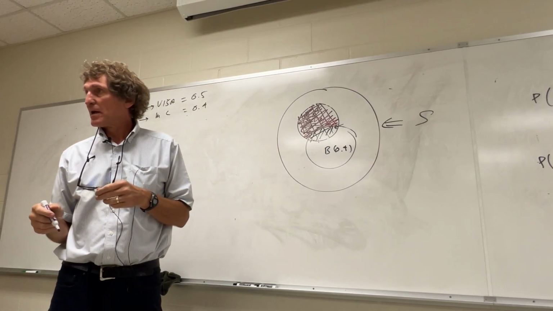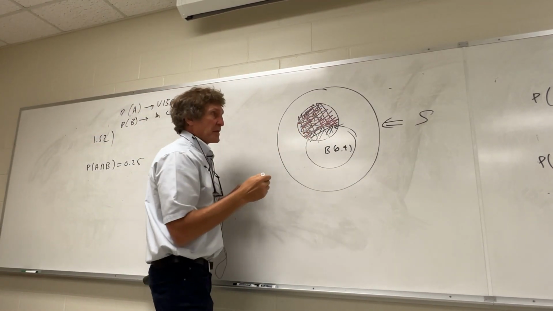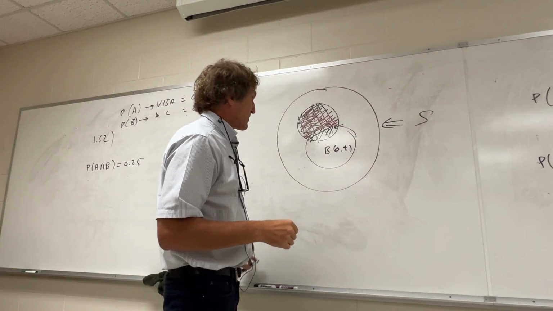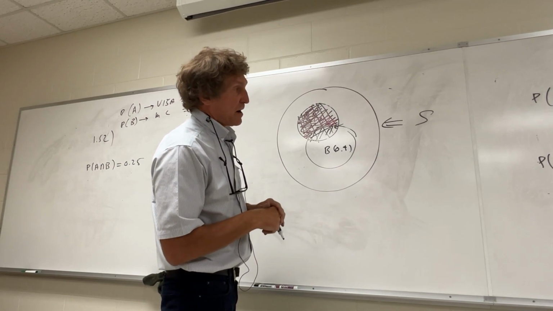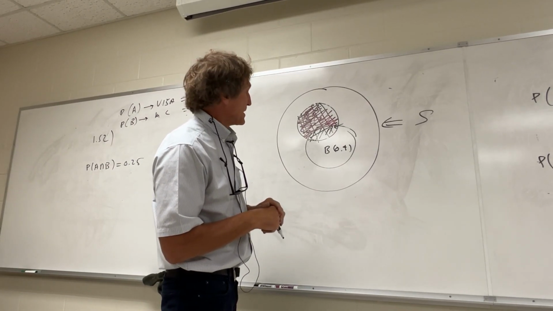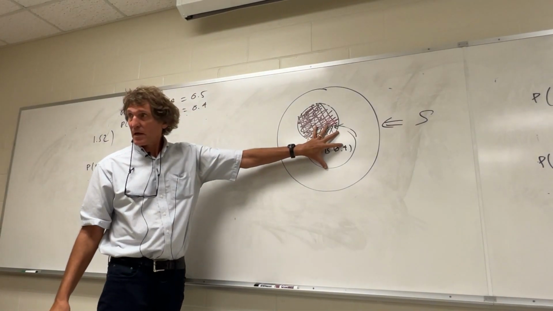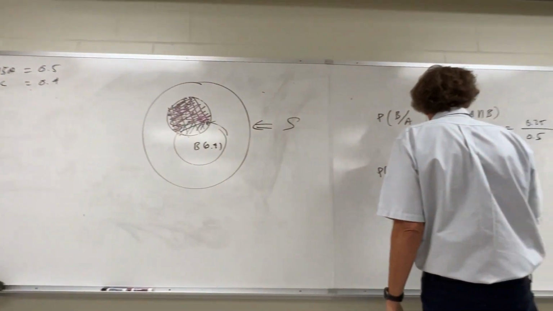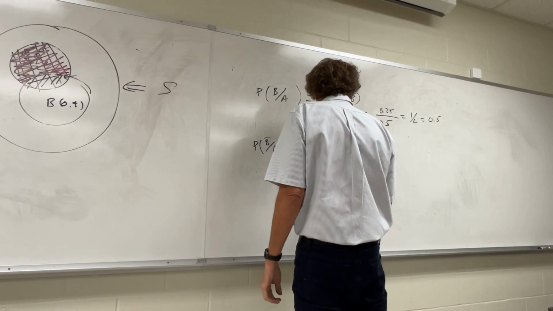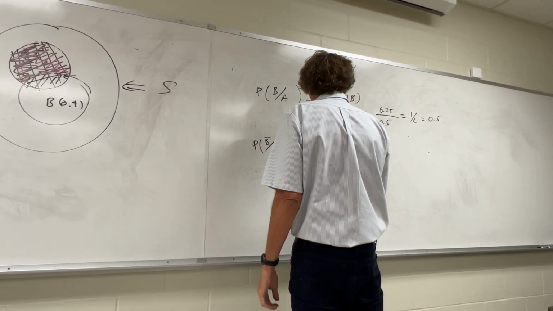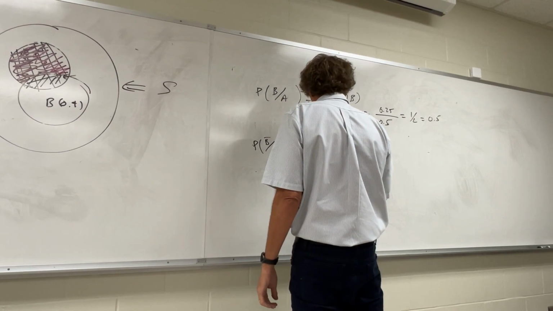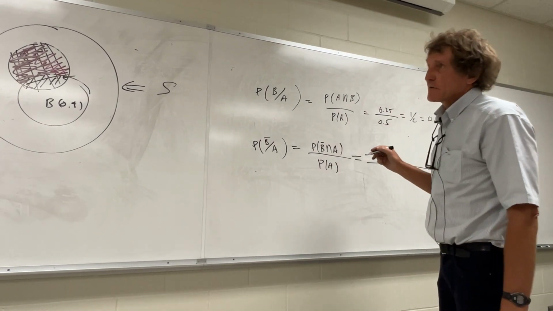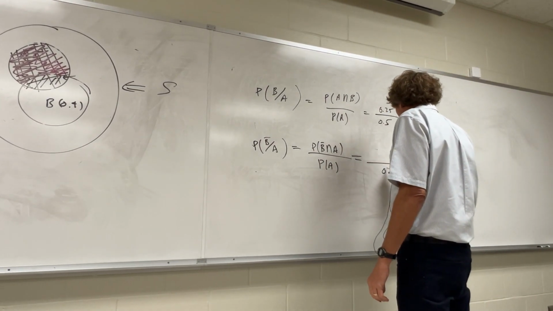Do y'all follow me on that? This would be the B naught. So it's really a ratio of areas. The probability of A occurring is all this. Agreed, class? That is going to be downstairs. So this is probability of A, and this is probability of B naught intersects A on top. Probability of A is 0.5.